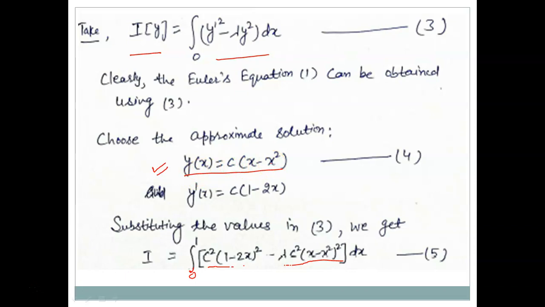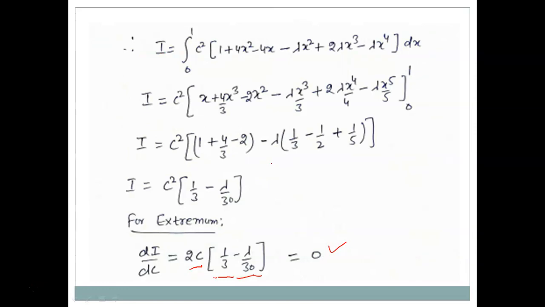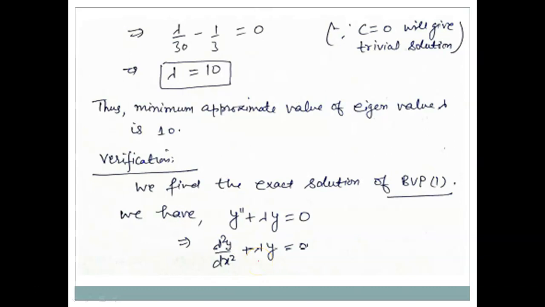So this is not the case; we are looking for the non-trivial solution. Therefore the choice c equal to 0 is not correct here, so we put the value in the bracket equal to 0.